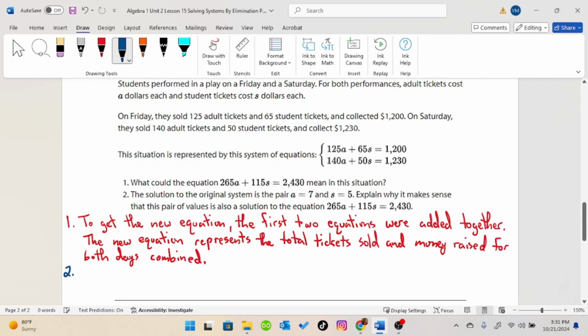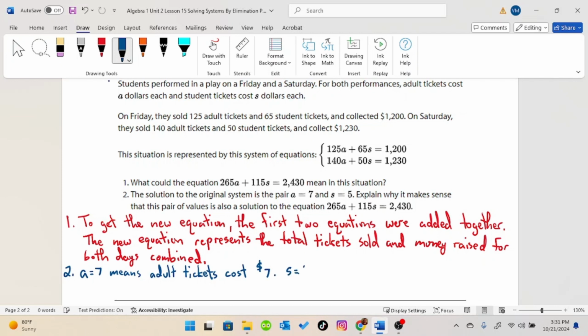So for number 2, A equals 7 means adult tickets cost $7.